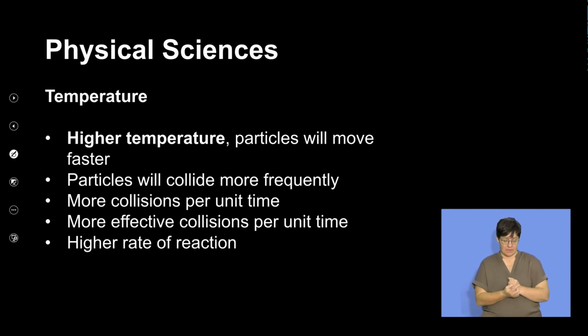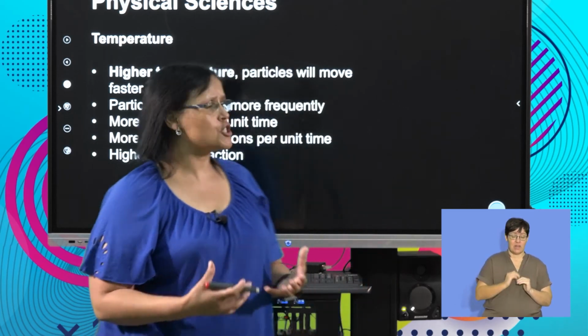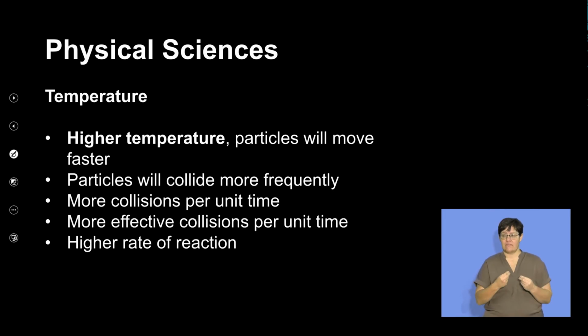So if we can explain that in terms of the collision theory, we can say at a higher temperature, we have the particles that move faster on average. The particles will collide more frequently, meaning they will bump more frequently.